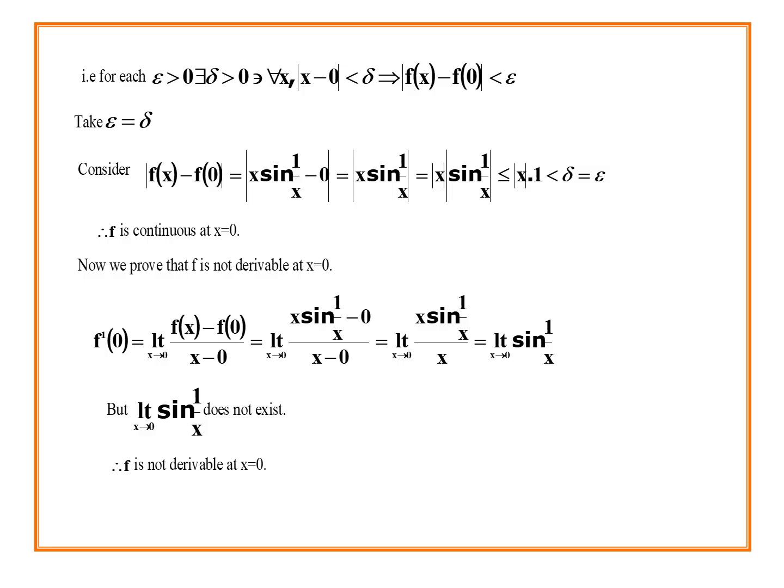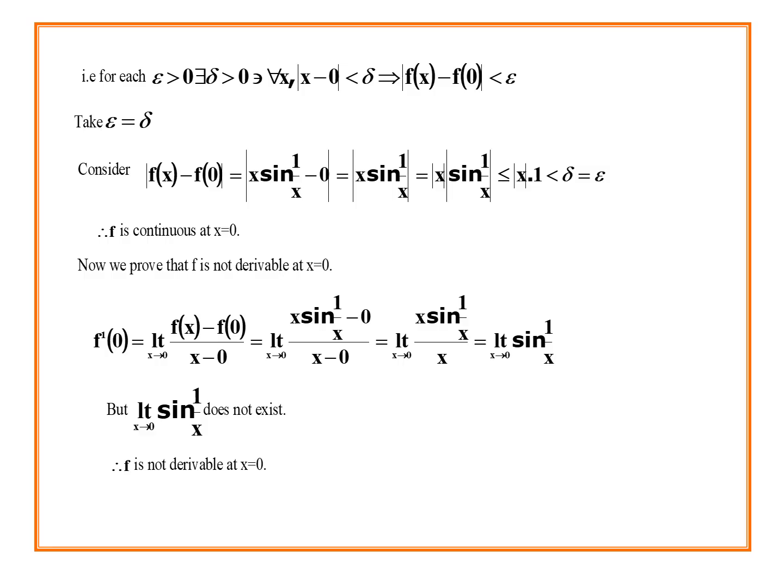Consider modulus f of x minus f of 0, where f of x means x sin 1 by x and f of 0 means 0. That is equal to modulus x sin 1 by x. So, applying modulus to the two functions, mod x mod sin 1 by x is less than or equal to mod x, since sin 1 by x has value at most 1, which is less than delta. That is equal to epsilon. Therefore, f is continuous at x is equal to 0.